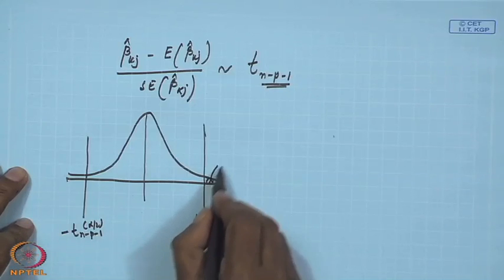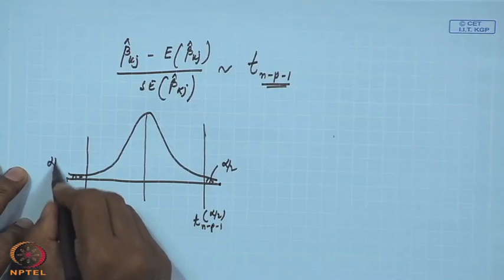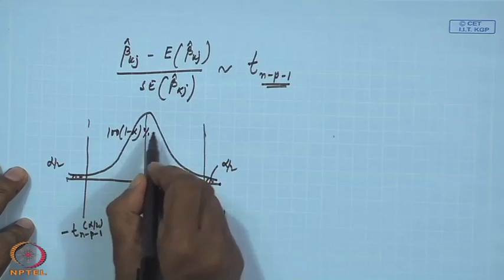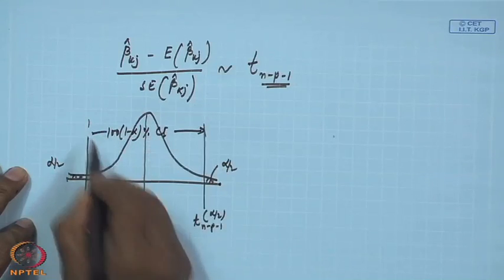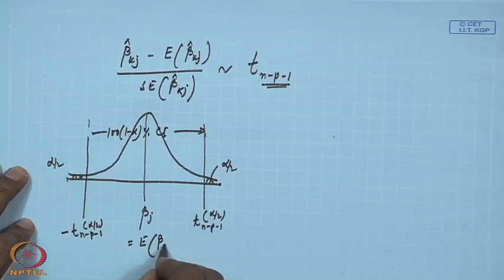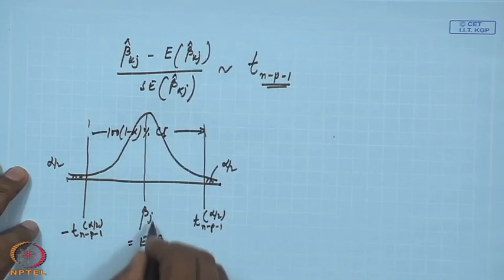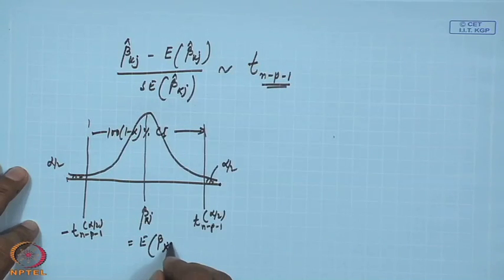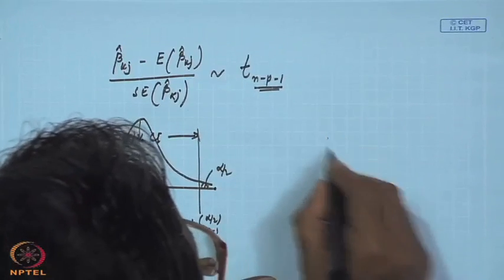So this side is alpha by 2 and this side is alpha by 2, and then this is your 100 times (1 minus alpha) percent confidence interval for what? For beta_j. What is this beta_j? Beta_j is basically the expected value of beta_j. Here we are using beta_kj, because k is coming from the dependent side.